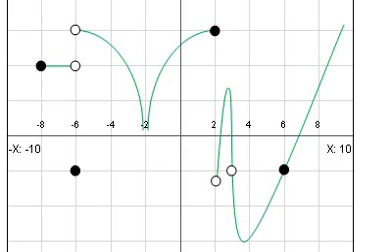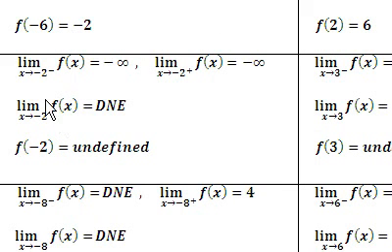Let's go back down to our chart. Alright, let's go back to -2 here. So we were looking at whether our function was continuous at -2, and we were doing that just by examining the graph. You can see coming in from the left-hand side that the graph was going down to -infinity, and coming in from the right-hand side it was going to -infinity.